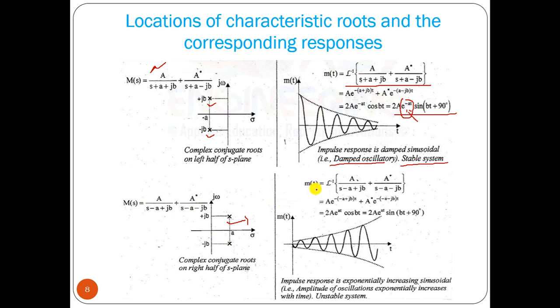If we take the Laplace inverse of that, the expression has an e to the power at term multiplied with a sine term. e to the power at means it is exponentially increasing, so the amplitude of the signal will be increasing with respect to time. So the system becomes unstable, because at t equal to infinity, the amplitude may reach infinity.